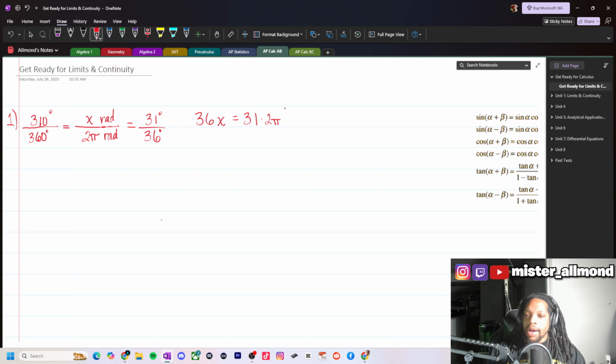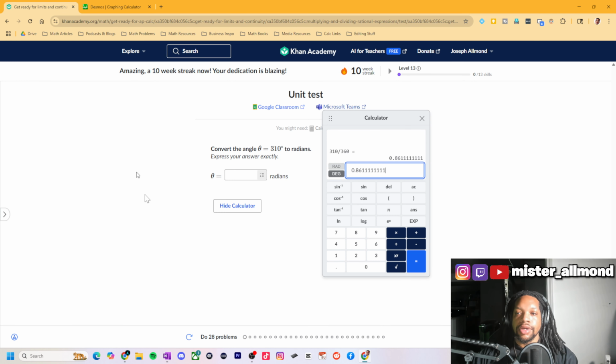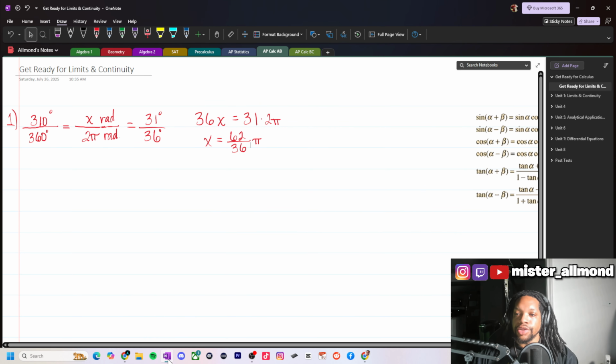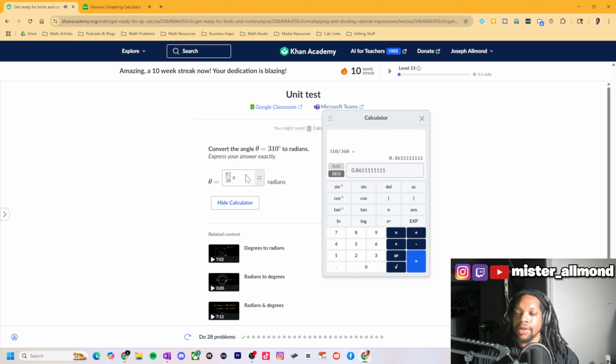And then just divide both sides by 36, and then that'll be the radian equivalent. So what's that? 62 over 36 pi. I don't think they'll make us simplify it. I don't really care about that, to be honest with you. So wait, what do we get? 62 over 36 pi. Okay, bet.